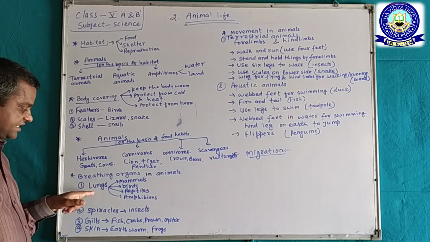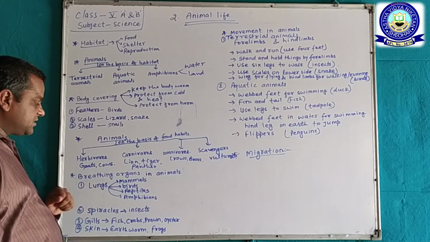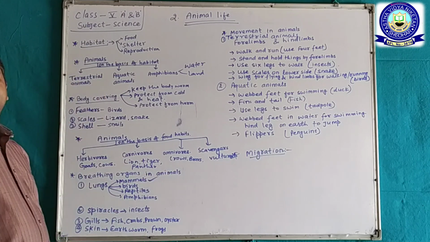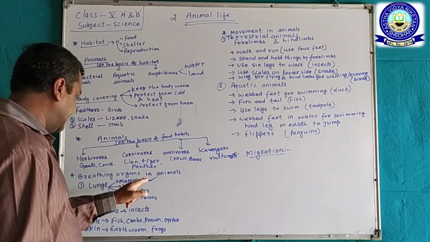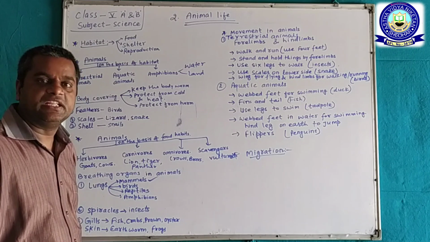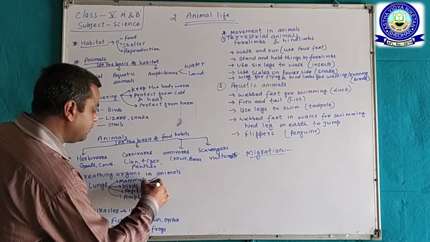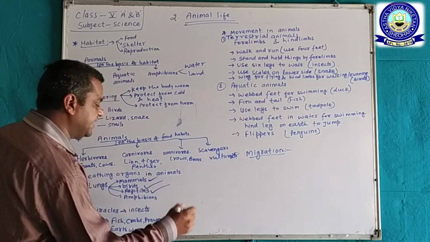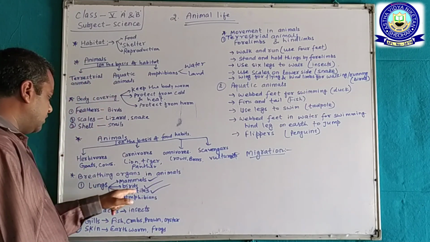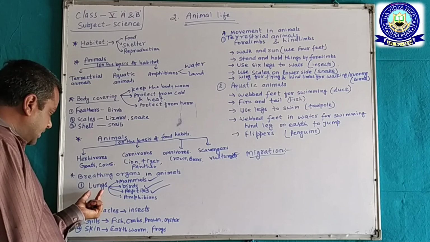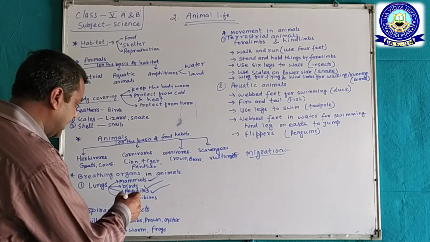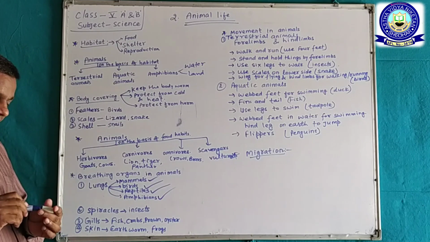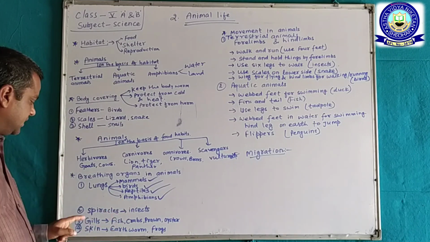This is the characteristic feature of terrestrial animals. As for example, mammals. All mammals have lungs as breathing organs. Also, all birds have. Again, all reptiles have breathing organs. But amphibians also have breathing organs as lungs.